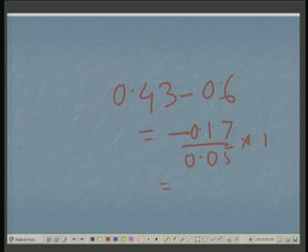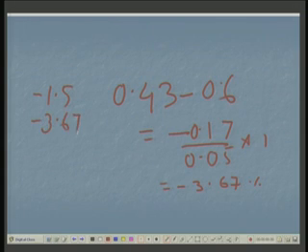So, this would be equal to minus 3.4%, not 3.67.